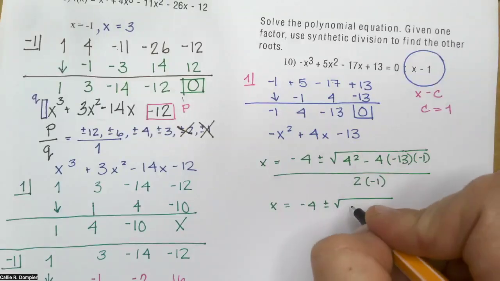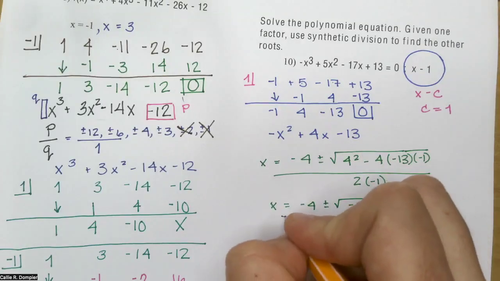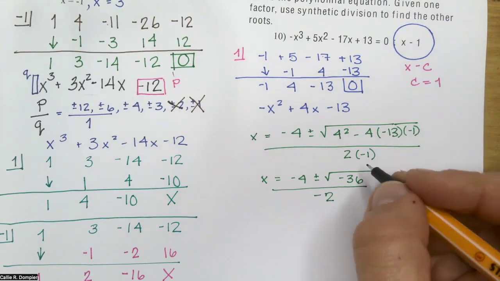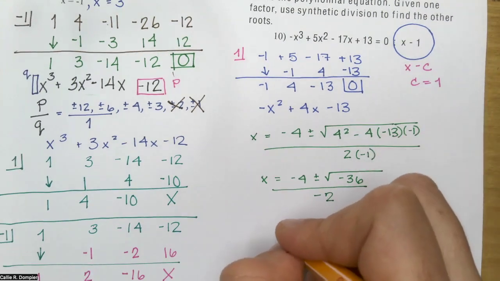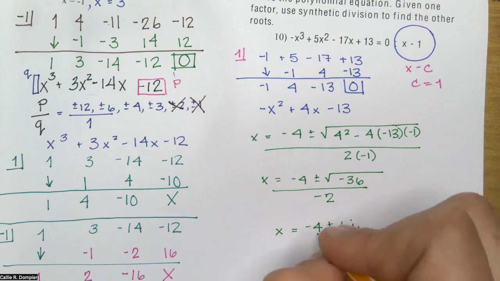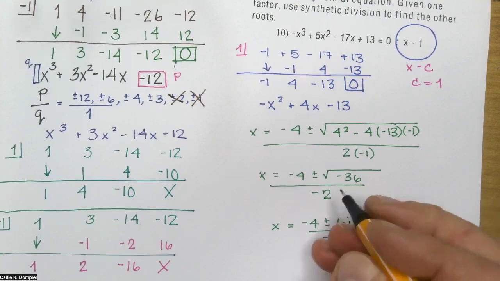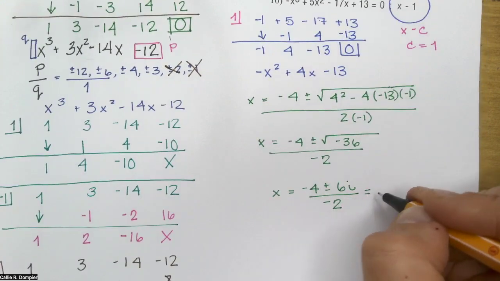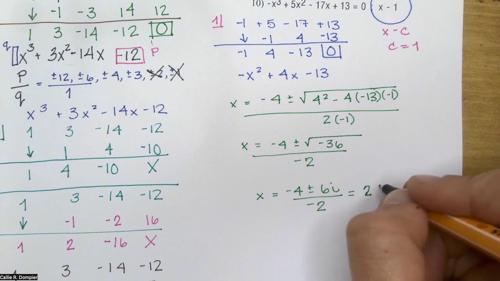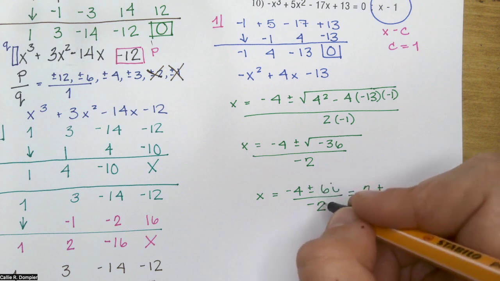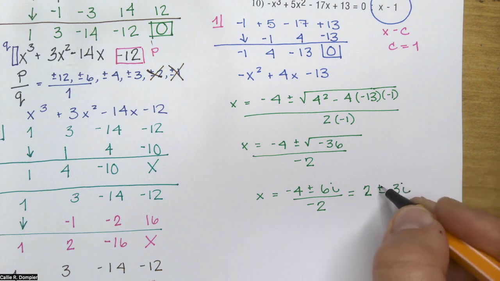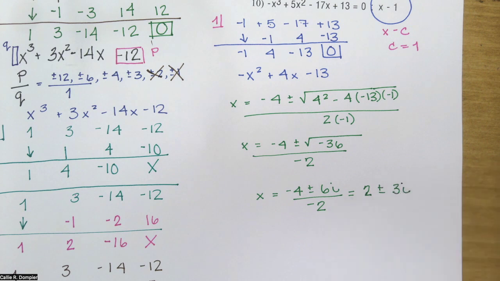-36, divided by -2. The square root of -36 is just 6i, right? So it's x equals -4 plus or minus 6i over -2. -4 divided by -2 is just 2, plus or minus 6 divided by -2 is 3i. And again, it was a -3i, but since that's a plus or minus in front of it, that kind of cancels it out.